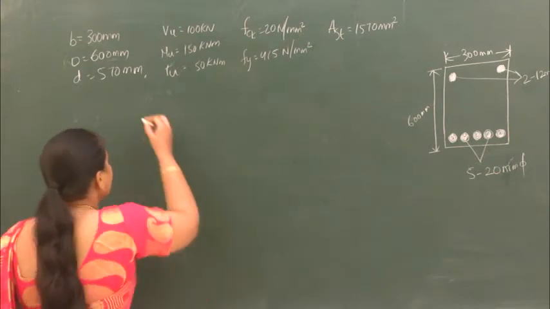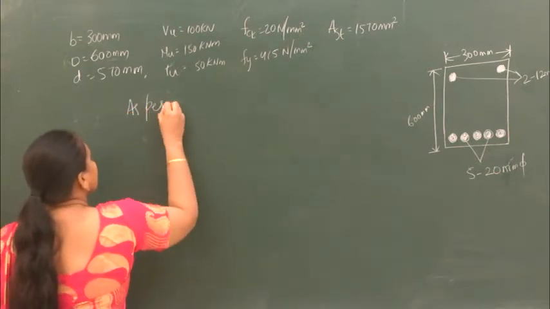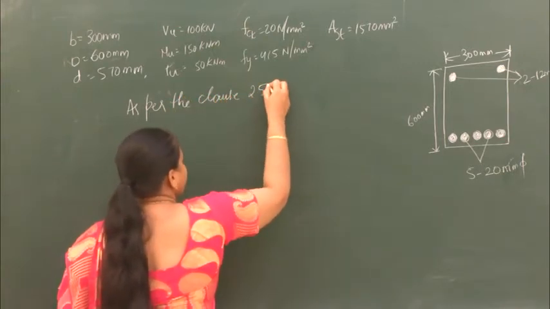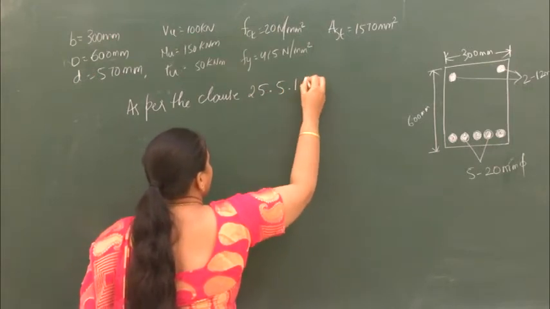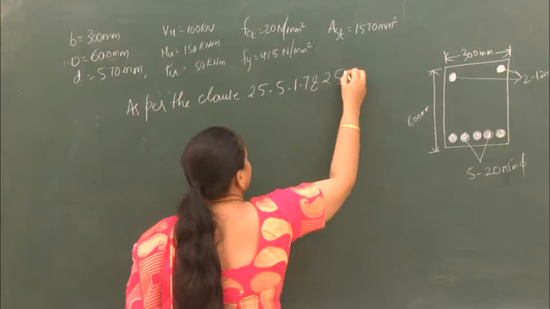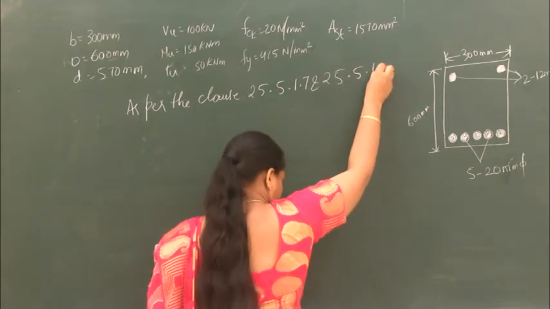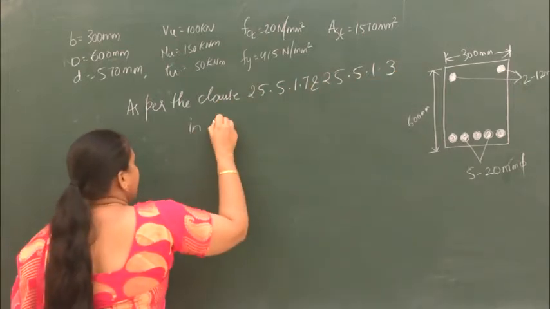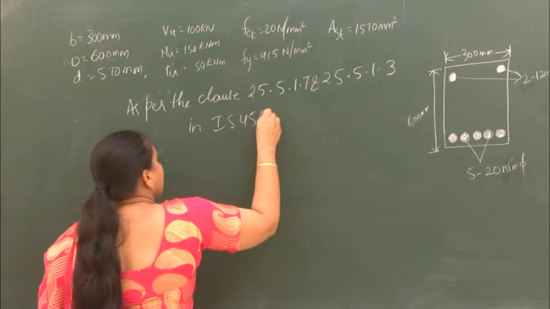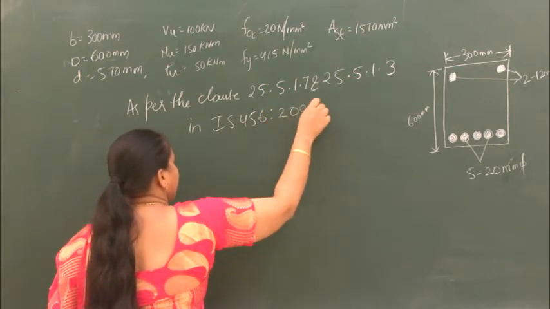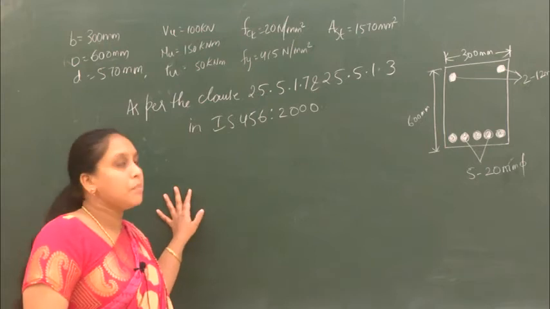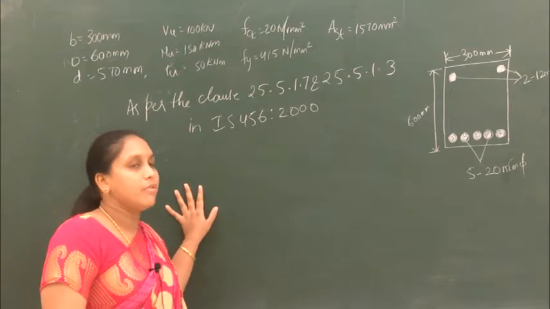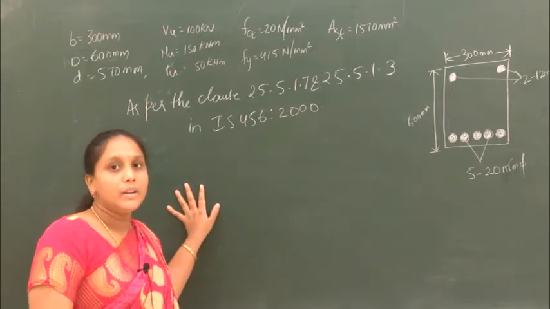Now, as per clause 25.5.1.7 and 25.5.1.3 in IS 456-2000, if the depth of the beam is more than 450 mm, you have to provide the side face reinforcement.